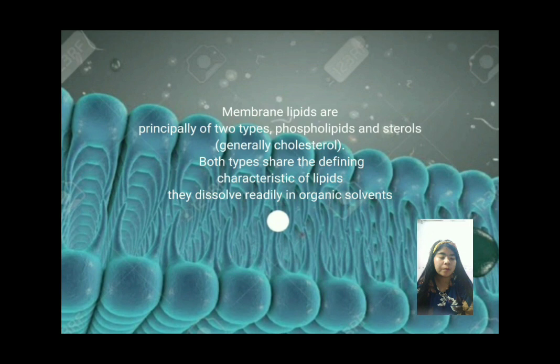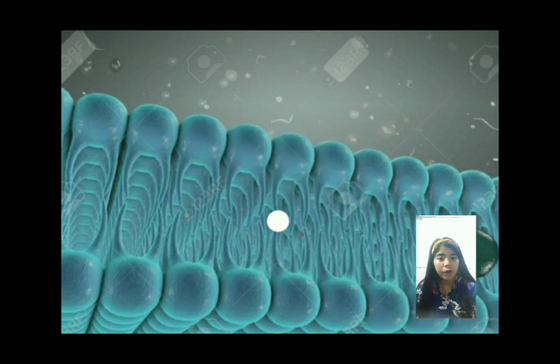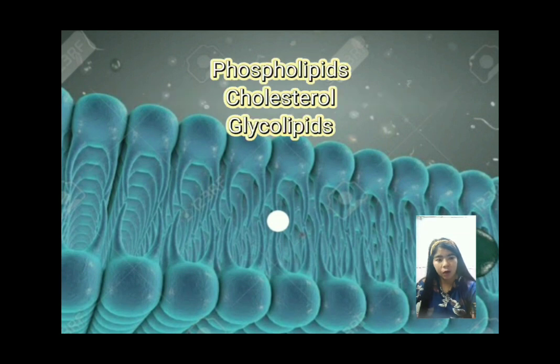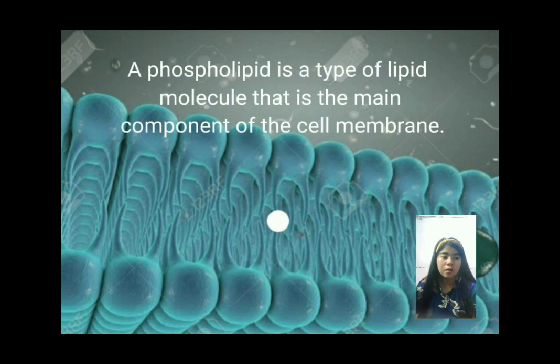Membrane lipids are principally of two types, phospholipids and sterols, generally cholesterol. Both types share the defining characteristic of lipids. They dissolve readily in organic solvents, but in addition, they both have a region that is attracted to and soluble in water. There are also three major classes of membrane lipids, which are phospholipids, glycolipids, and cholesterol.